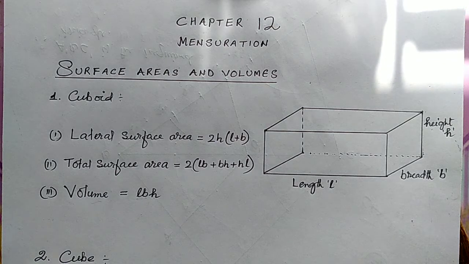Just wait for a minute. Sorry, I'm going to show you. The first one, lateral surface area. You know, there are 6 faces for a cuboid. For any cuboid, there are 6 surfaces.